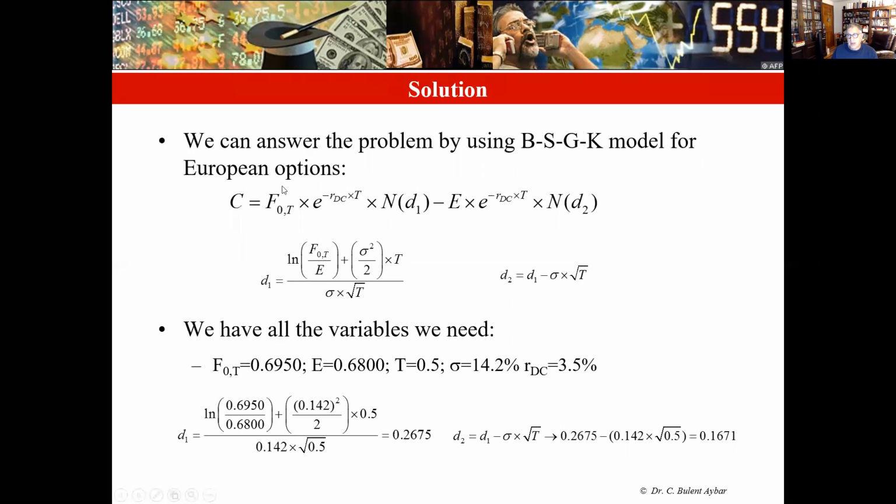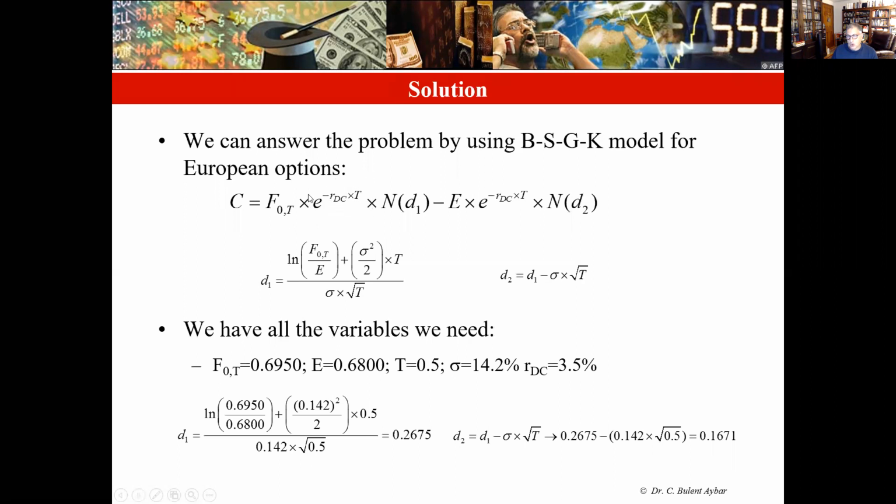forward rate. In this case, E is the exponent, and E to the minus domestic interest rate times time to maturity is actually a discount factor.